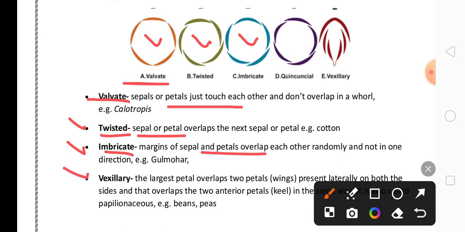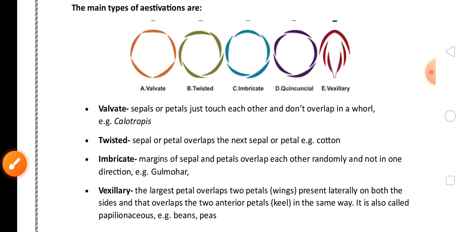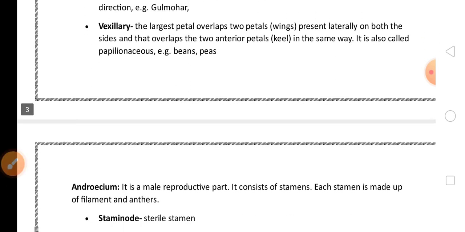Whereas in vexillary type of estivation, the largest petal or sepal overlaps the 2 wings, and those wings laterally overlap the 2 anterior petals called keel. So estivation definition and its types are very important for 5 marks.